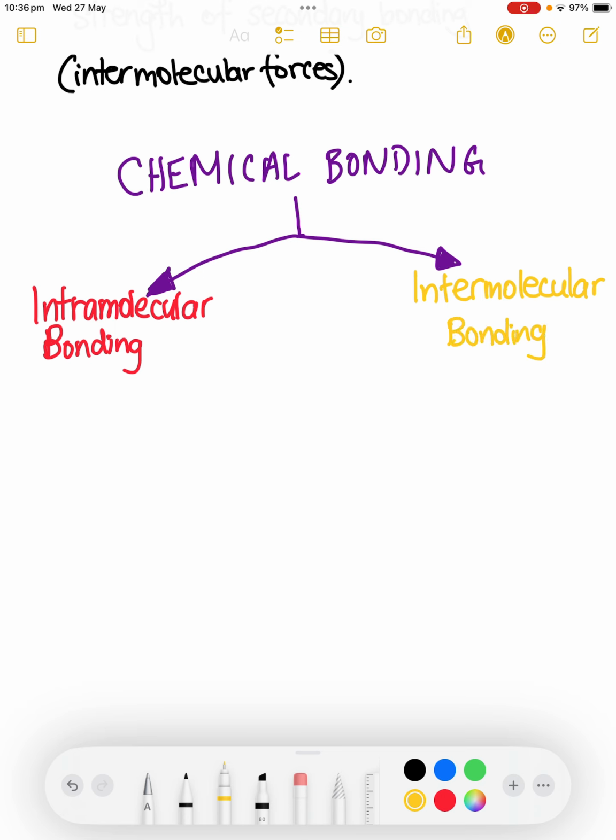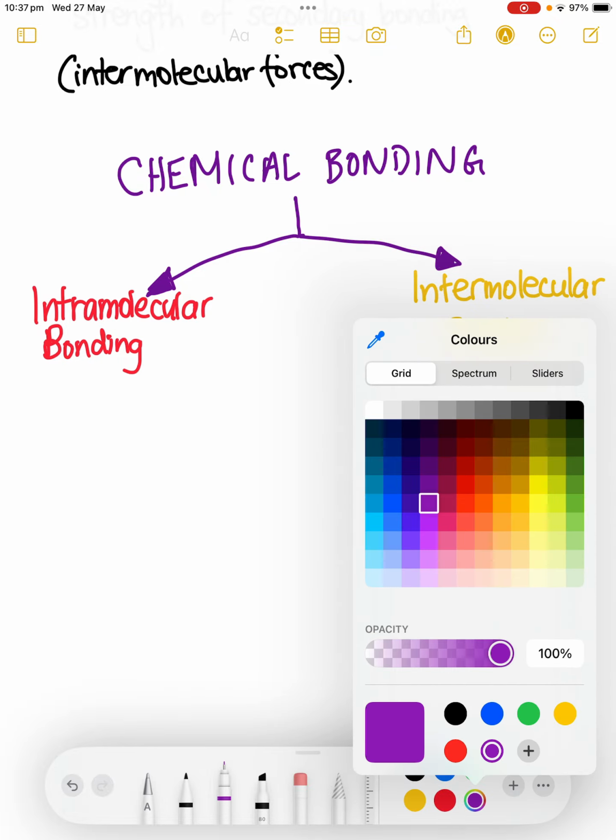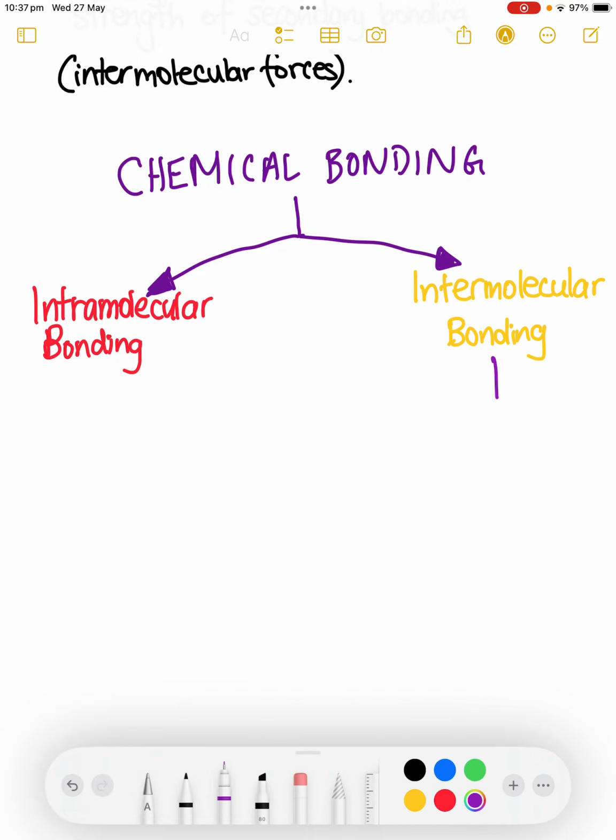All right. Now, going on, let's go back to purple, to the next thing. This is going to determine, oh, let's go with the red color again, just to keep things consistent.